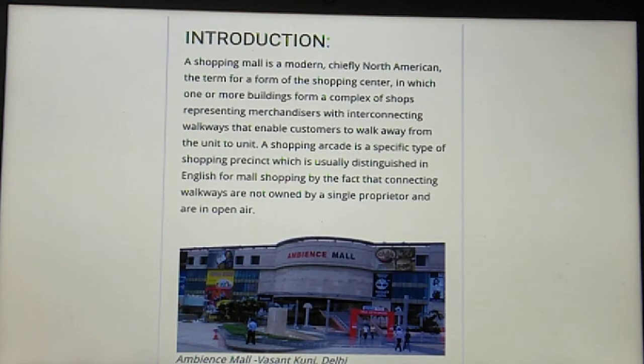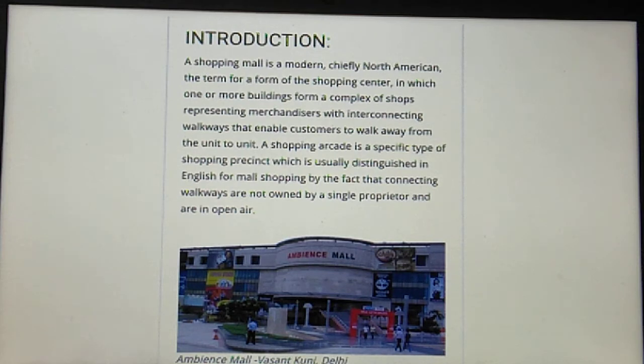Now comes the introduction. Here you have to discuss the mall which you have visited. As you have visited Ambience Mall, here you have to mention this mall: where it is situated, that it is the Ambience Mall in Vasant Kunj in Delhi. So you have to write a complete introduction of this mall.